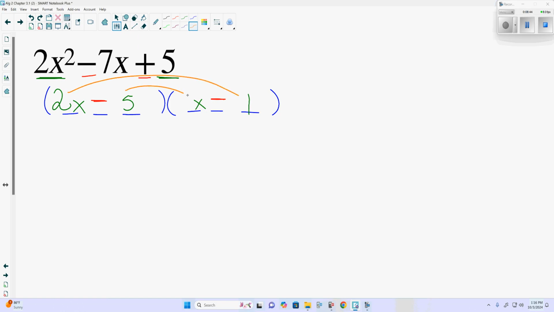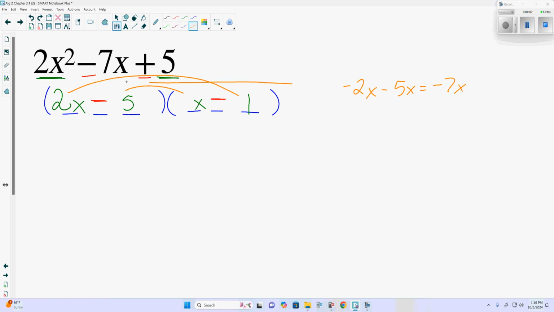And then we can check. 2x times negative 1 is negative 2x. Negative 5 times x is negative 5x. Negative 2x minus 5x is negative 7x. Is that the middle term we wanted?